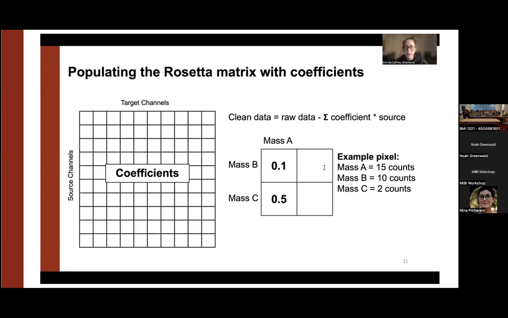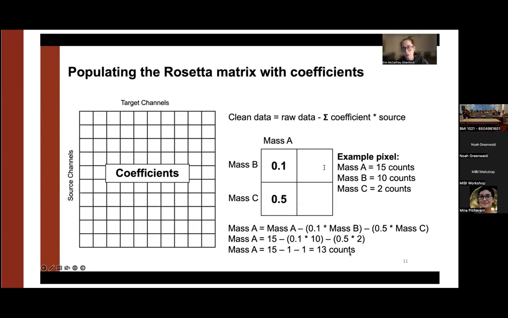In order to compensate this particular pixel, I would need to take my counts for mass A minus the contributions of contaminating signal for mass B and mass C. And so in this case, that would simply be equal to 15 minus 10% of 10 minus 50% of 2, which would result in a final count of 13 counts for this pixel. And so Rosetta really just scales this operation over every possible contaminating source of background across every single channel.